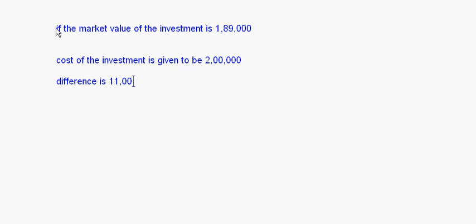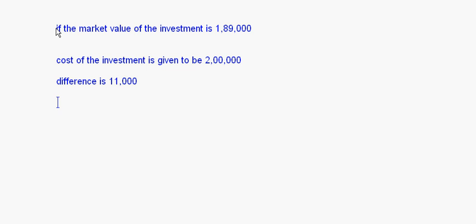So the market value of the investment has gone down to 1,89,000, whereas the cost of the investment is given to be 2 lakhs, right? Now what is the difference? The difference is 11,000, right? So this 11,000 has to be adjusted from the investment fluctuation reserve, right?